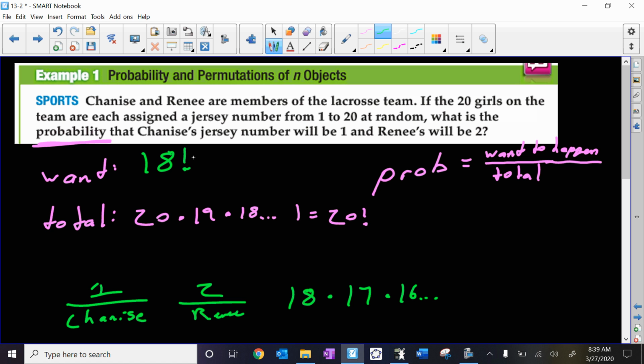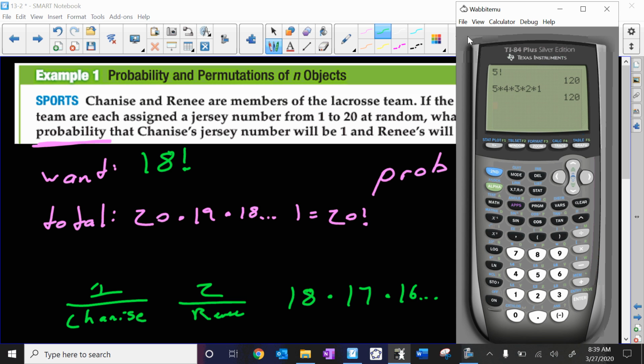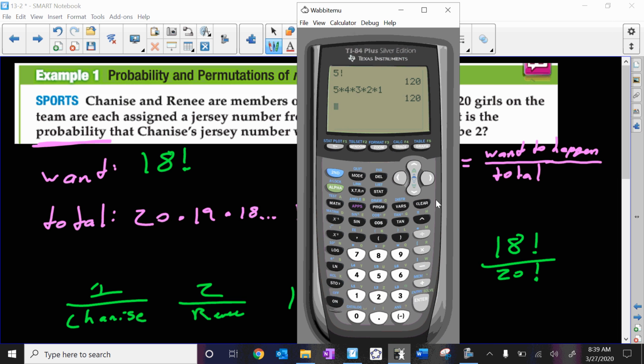To plug this in your calculator, you're going to take 18 factorial over 20 factorial. You don't have to do it that way, but I would recommend it so you get used to finding the factorial button on your calculator.